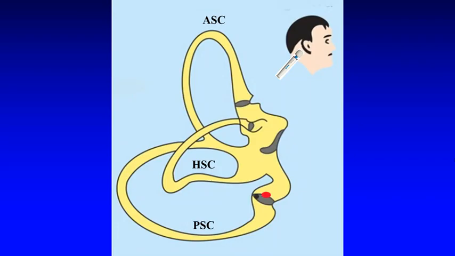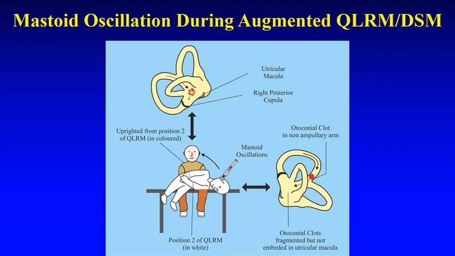So from the non-ampullary arm near the crus commune, the otoconial debris reaches the short arm and gets adherent to the short arm side of the posterior cupula after the mastoid oscillation augmented QLRM and the demi-Semont maneuver.